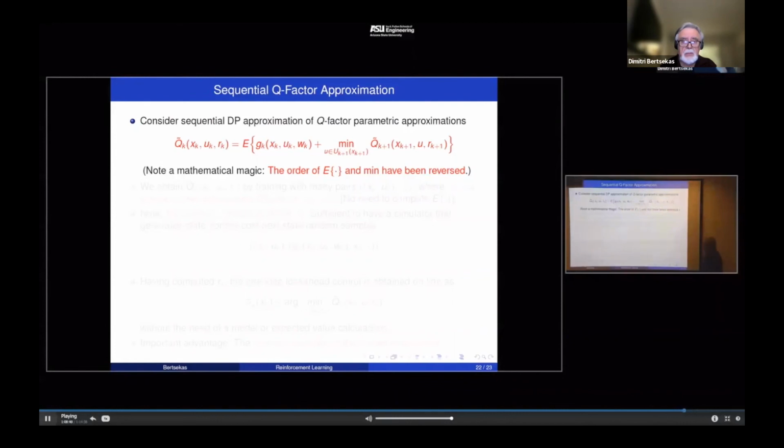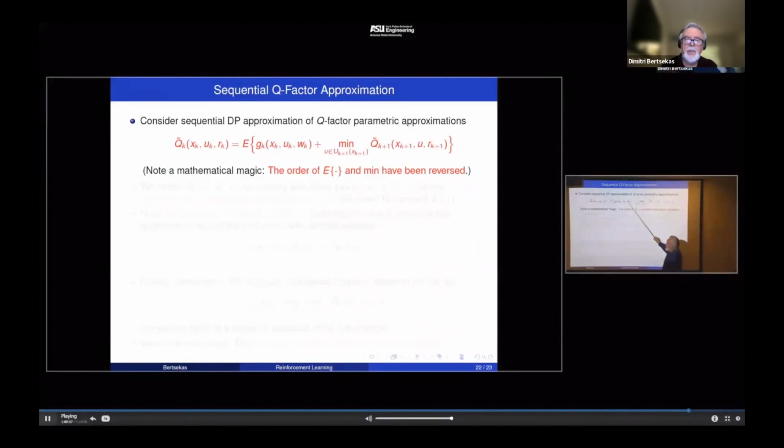Okay, now this involves also an expectation, and involves also a minimization. But there's a nice thing here. The order of expectation and minimization has been reversed. So that means that instead of finding the expected value of this expression, I can just sample it.